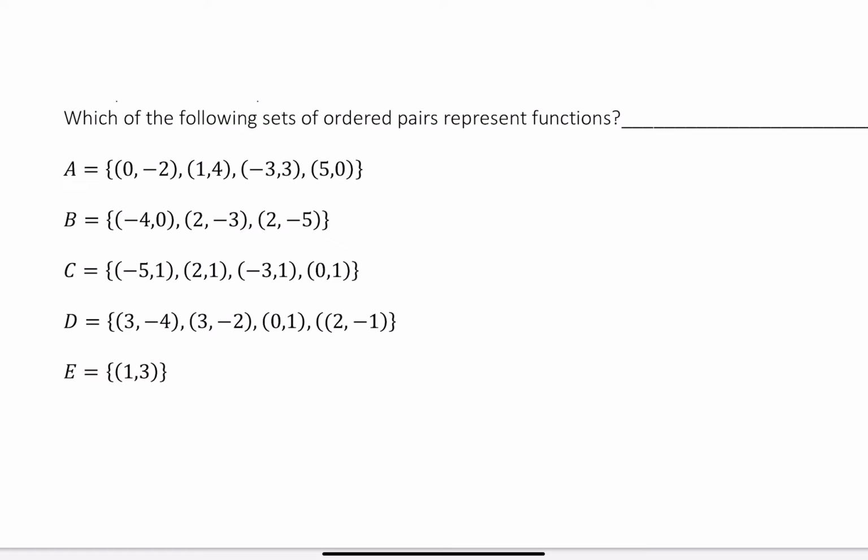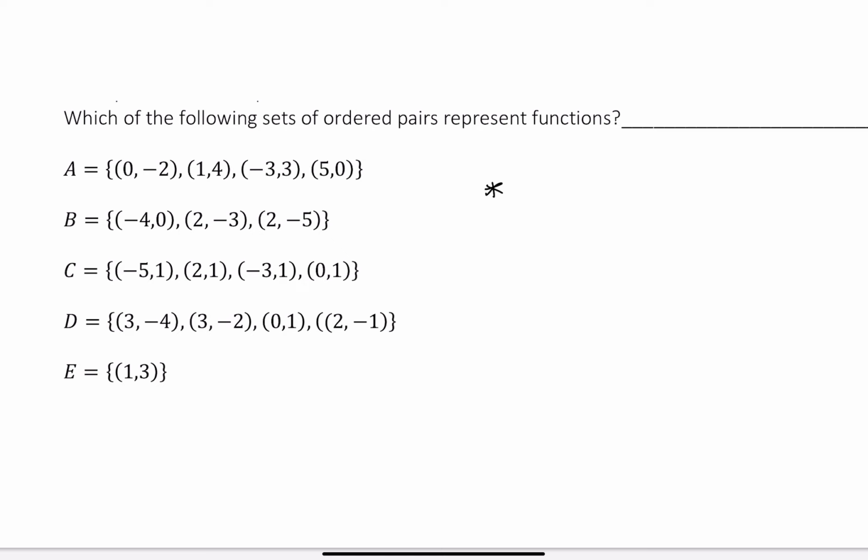Now, remember, the thing we want to look at is the relationship between inputs and outputs. Namely, we want each input to map to exactly one output. In other words, each independent variable maps to exactly one dependent variable.